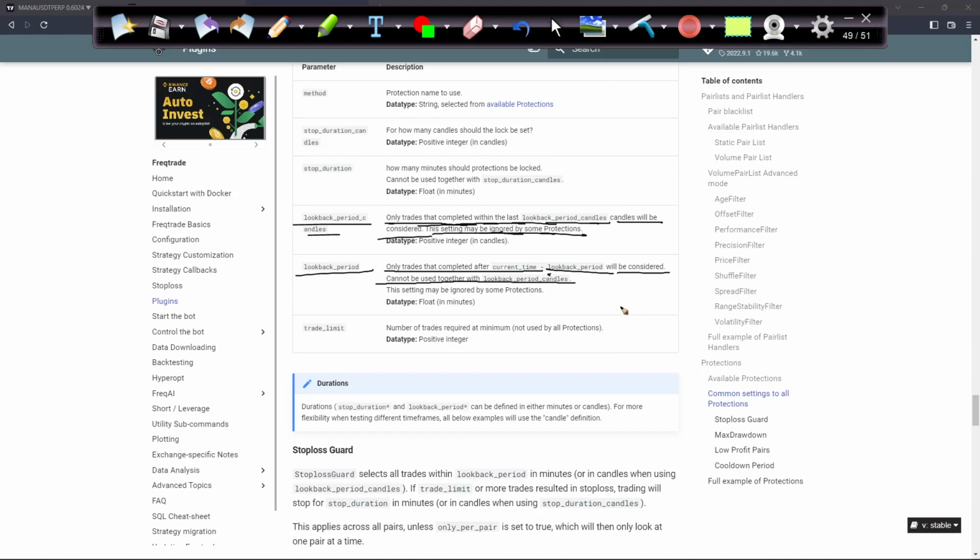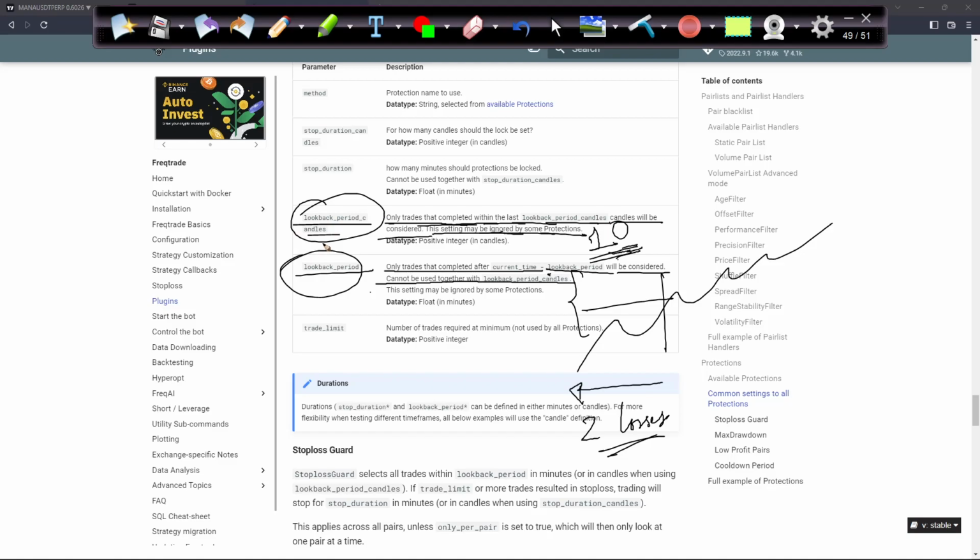So what it means is, suppose we are here and going back, if we took two losses and the lookback period is 10 candles, it will look back over the last 10 candles. If we saw these two losses in the last 10 candles, we won't be trading that coin pair. So that's what it's saying.